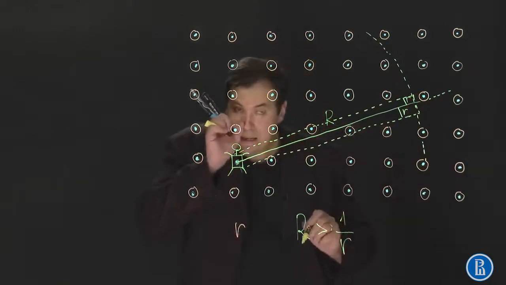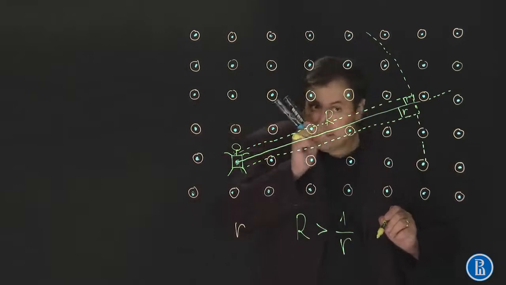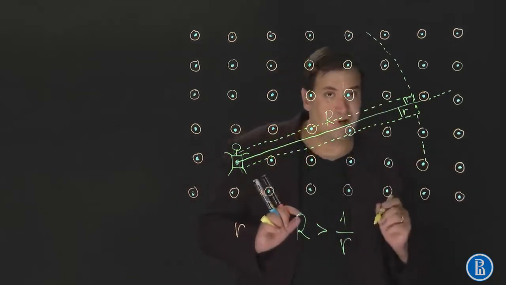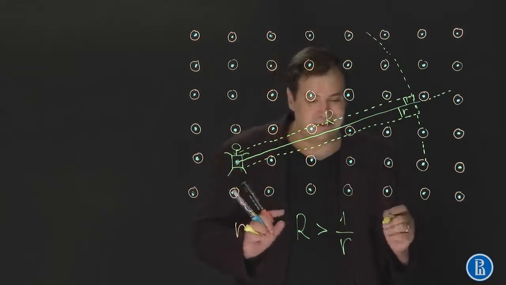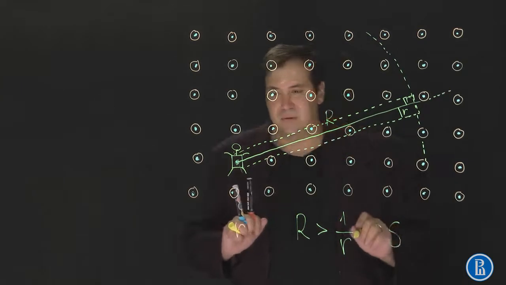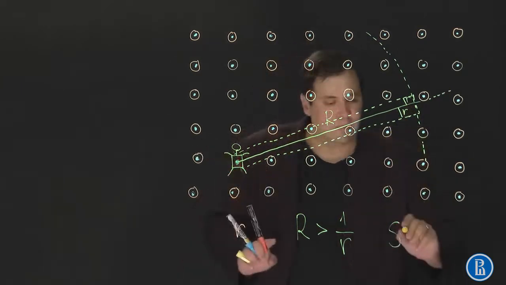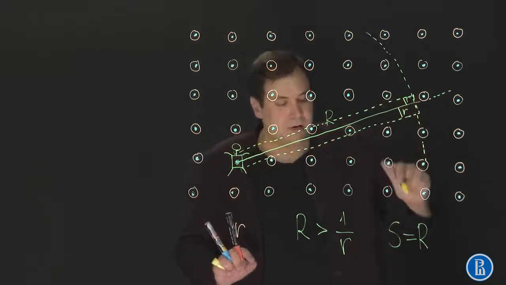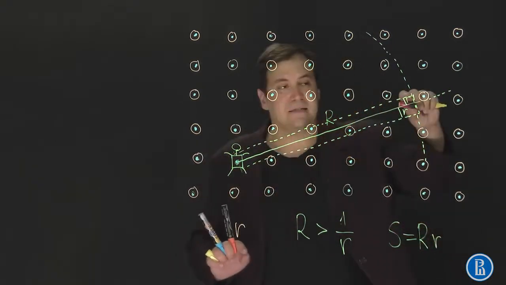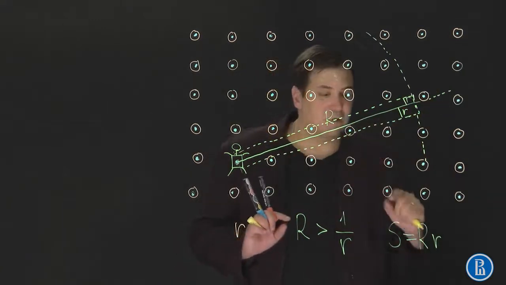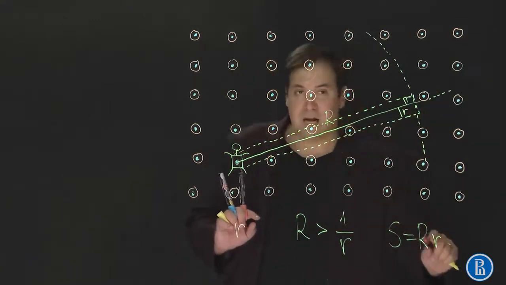All the way here. And the area of such a rectangle will be equal to R multiplied by r, but the thickness of the rectangle, its shorter side, is equal not to r but to 2 times r.